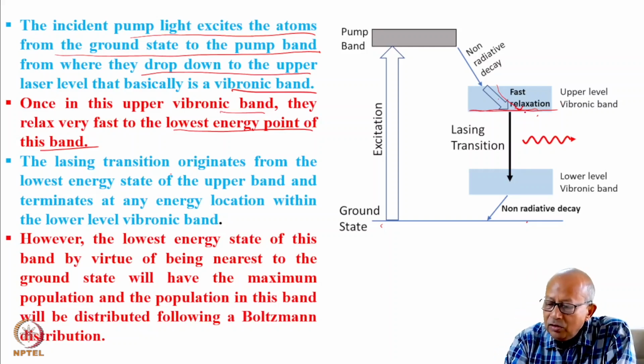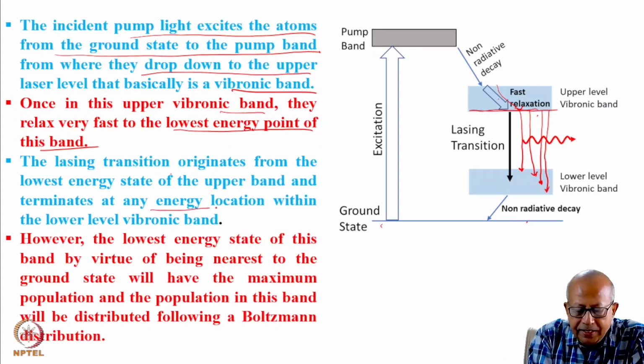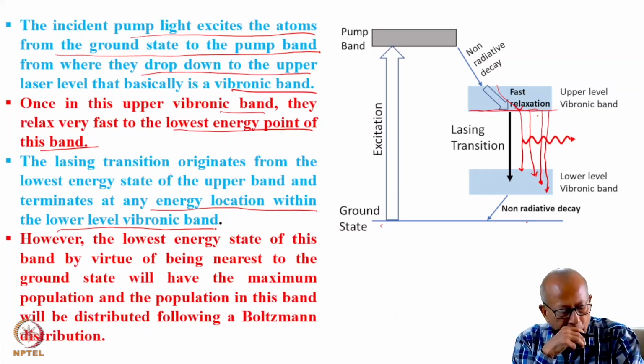The lasing transition originates from here and terminates at any location on the lower band. It can terminate here, here, here, and like that, at any energy location within the lower laser level of the vibronic band.